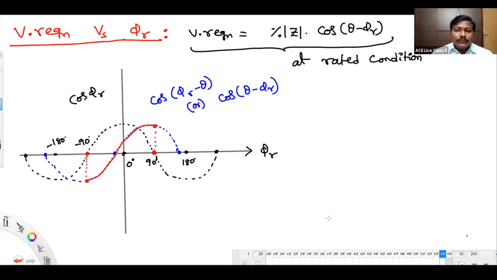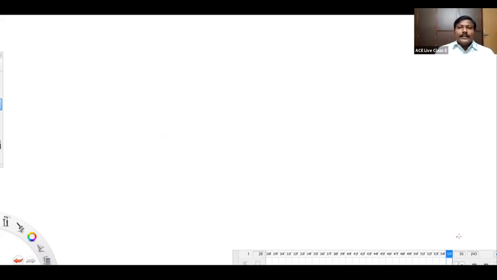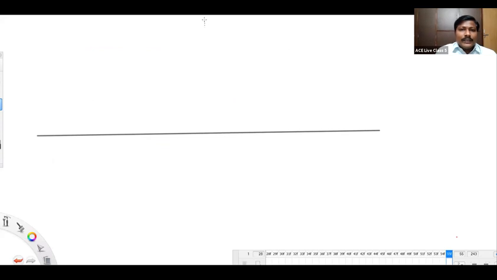So I'm going to consider only this portion of curve in the next slide as a voltage regulation versus power factor angle. So this is a power factor angle axis, and this is a voltage regulation axis.